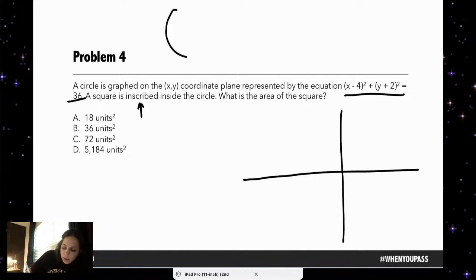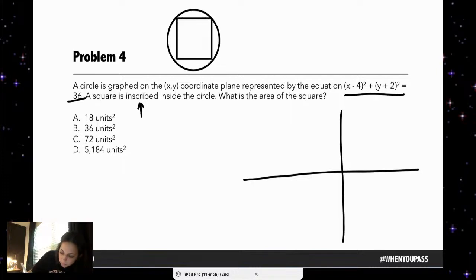So a square inscribed inside of a circle looks something like this. Okay? So, squares inscribed inside the circle. What is the area? Pay attention to what they're asking you of the square.